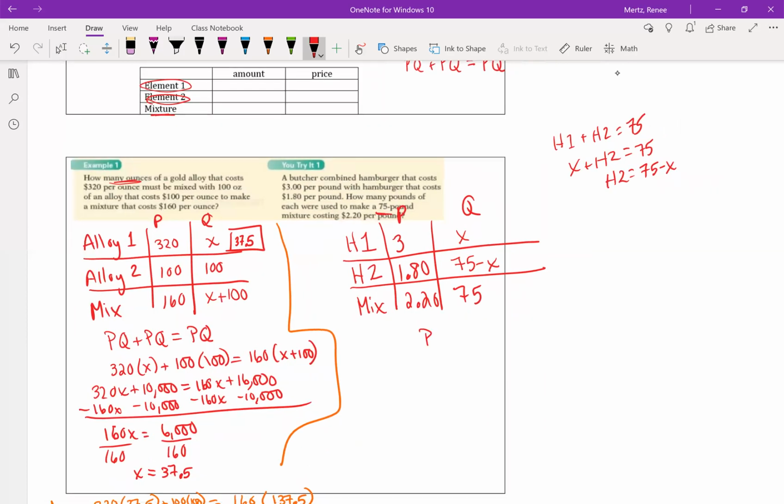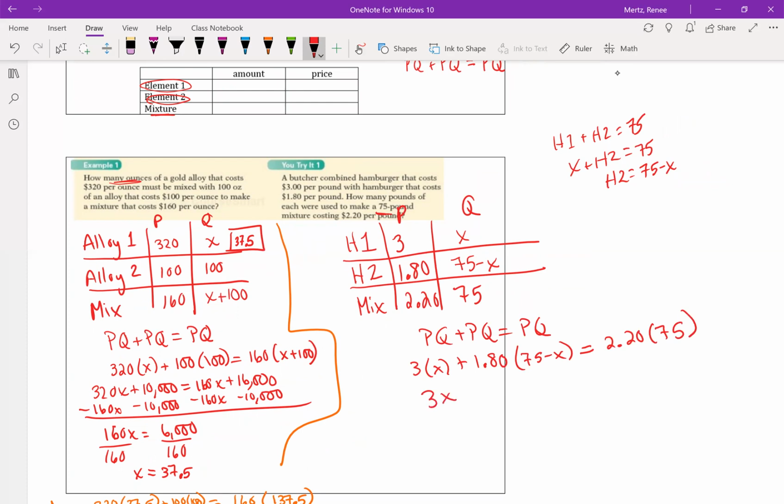Our setup is PQ plus PQ equals PQ. So we're doing 3 times X plus $1.80 times 75 minus X equals 2.20 times 75.